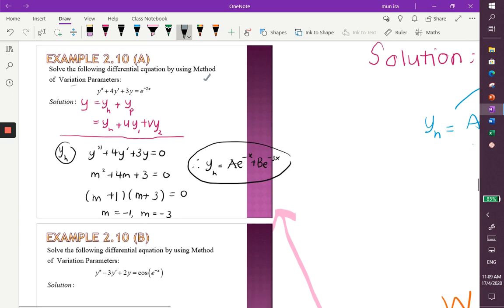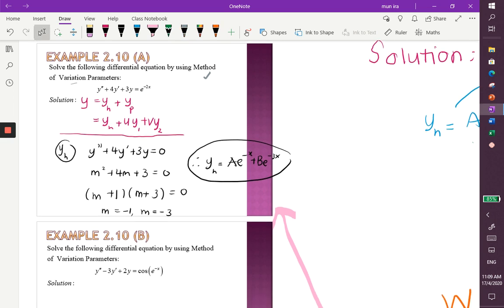So it's okay because VPM can solve for any second order non-homogeneous equation with constant coefficients. But UCM is limited to the first 3 cases: polynomial of degree n where n is equal to or greater than 0 only; exponential function just in the form of ce^kx, cannot be ce^kx squared; and the third case, f(x) equals a trigonometric function just in sine and cosine.